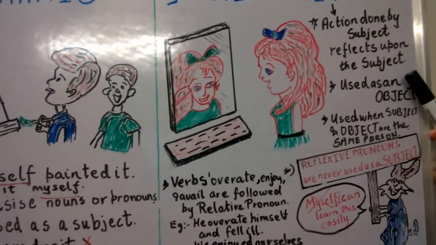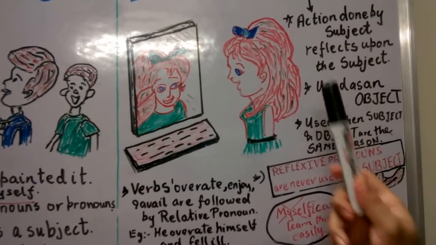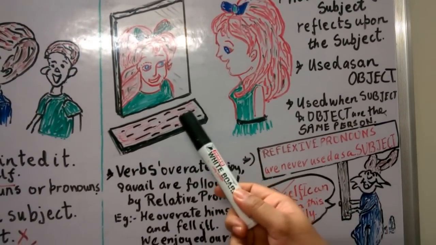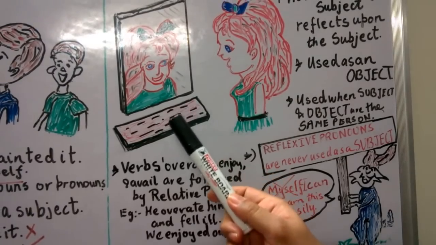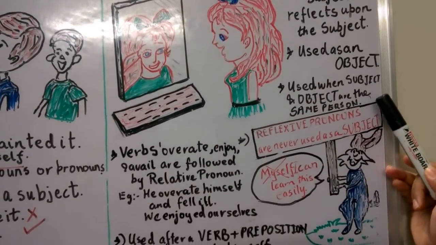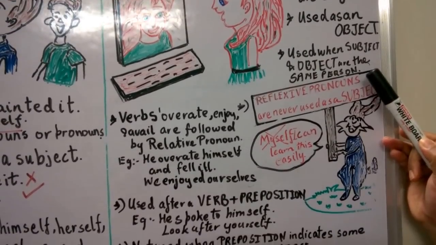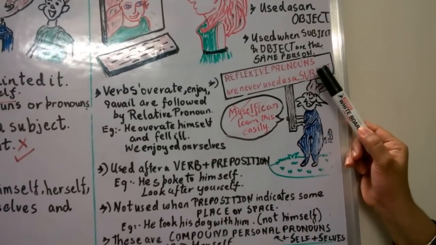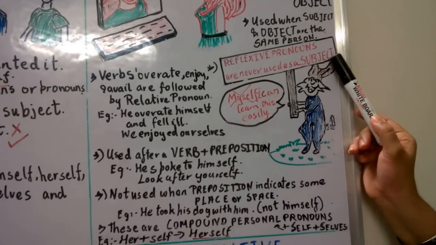It reflects upon the subject. Reflex means it turns back. She saw herself in the mirror. Now reflexive is used as an object. Reflexive is used when subject and object are the same person. Here we see the same person. Reflexive pronouns are never used as a subject.